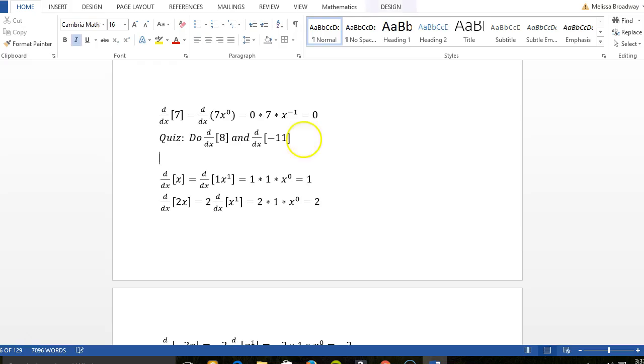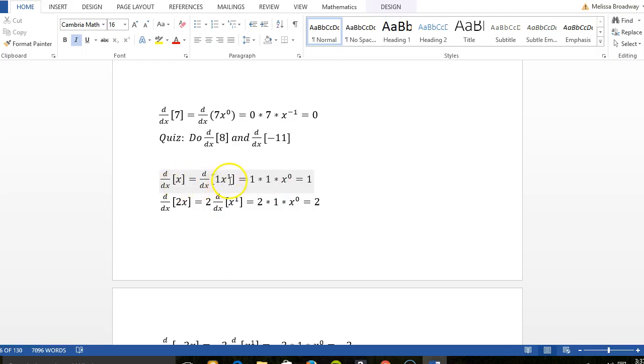Okay. The derivative of x is going to be, well, it's 1. And here's why. There's an understood 1 in front here, and there's an understood 1 up here. You just bring down the 1, which doesn't matter. 1 times 1 is 1. And x to the 0 is 1, so it's a big 1 festival, and we get 1.